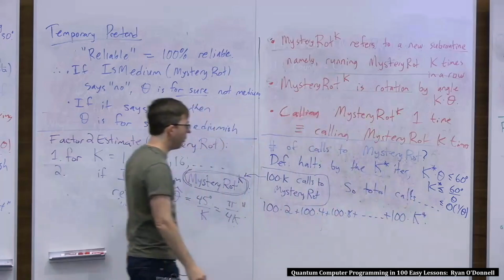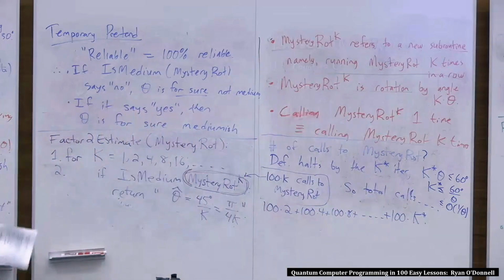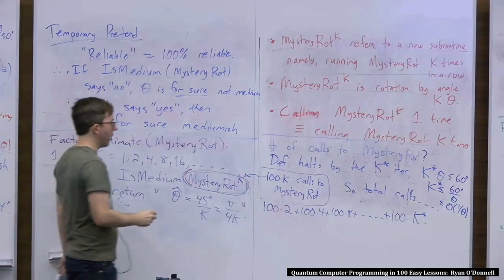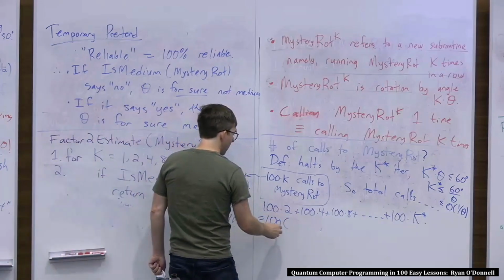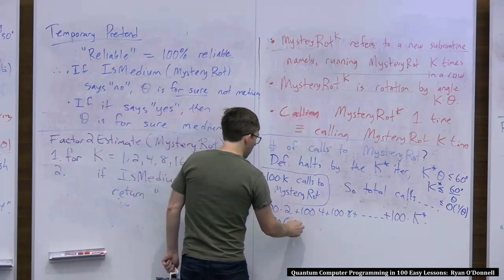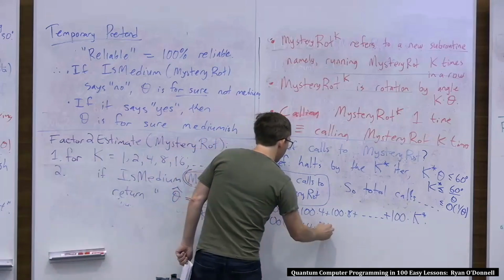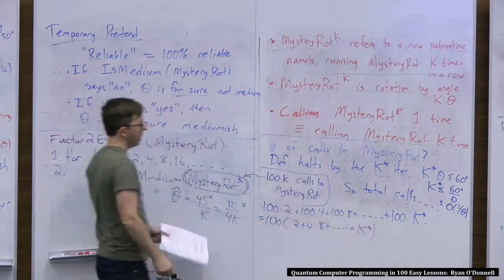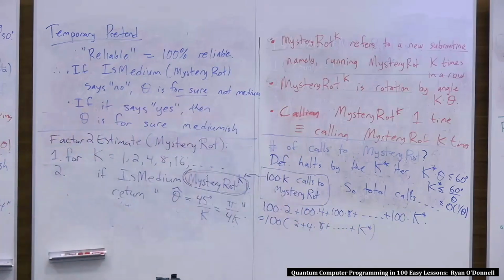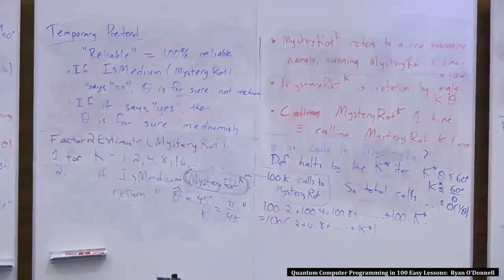Maybe it'll stop one round before k star, but it's at most this. And we can factor out the 100. And this is 2 plus 4 plus 8 plus ... plus k star. k star is some power of 2. And if you add up all the powers of 2, the result is 1 less than the next power of 2.